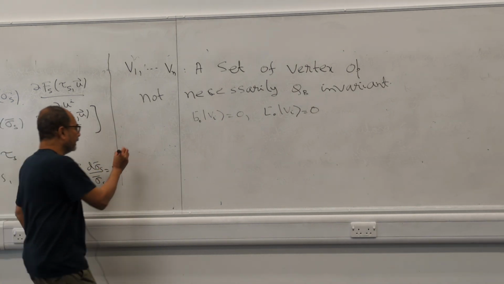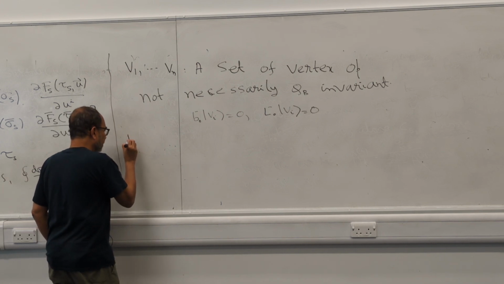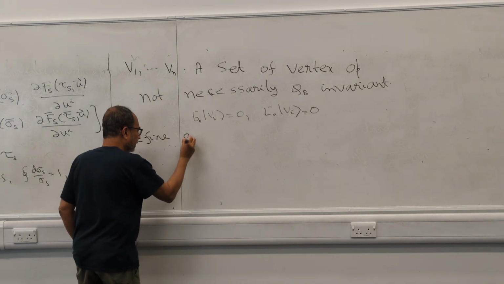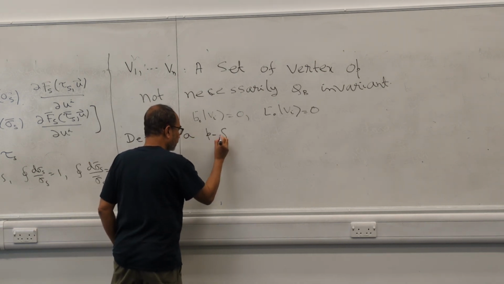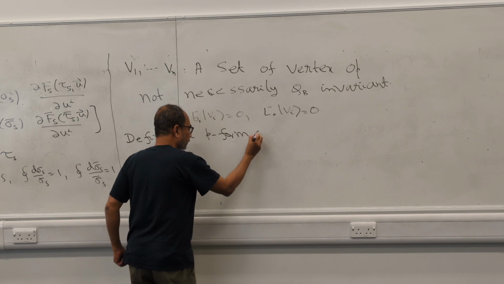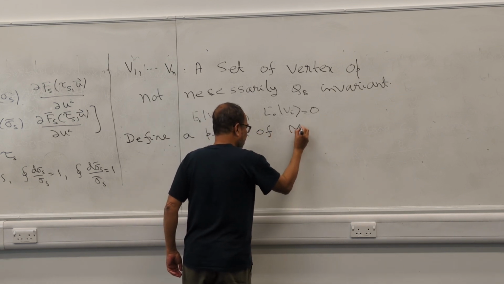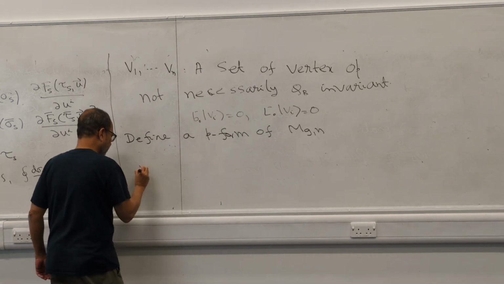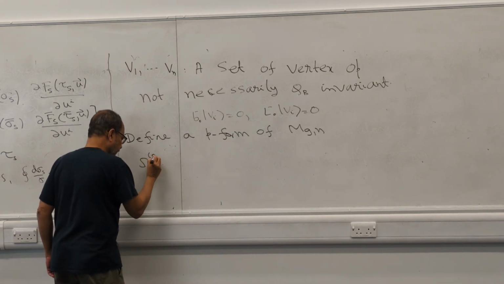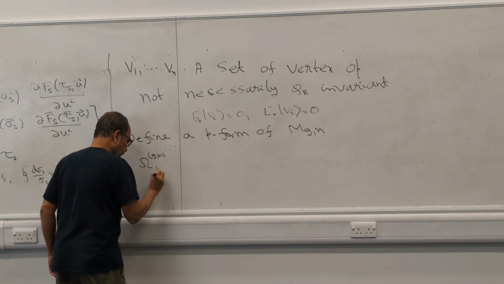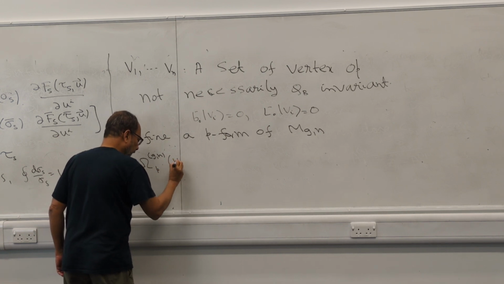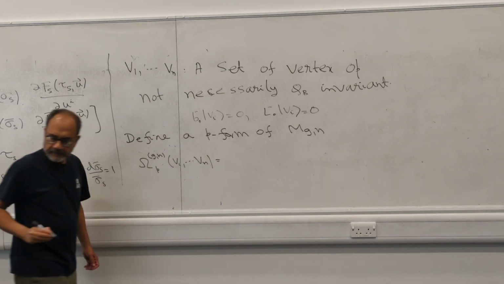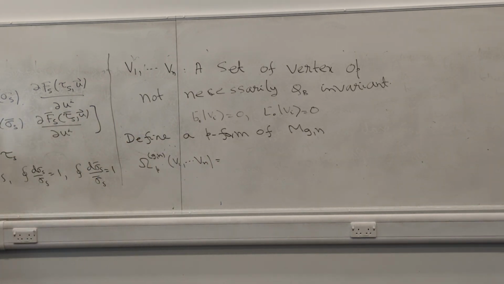Now we'll define a p-form on M_{g,n} as follows. This p-form will depend on the vertex operators. Let me also put all the normalization factors here.